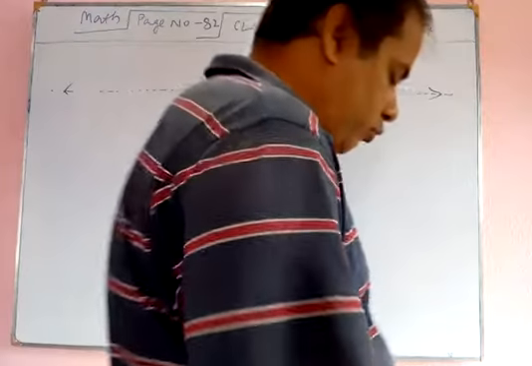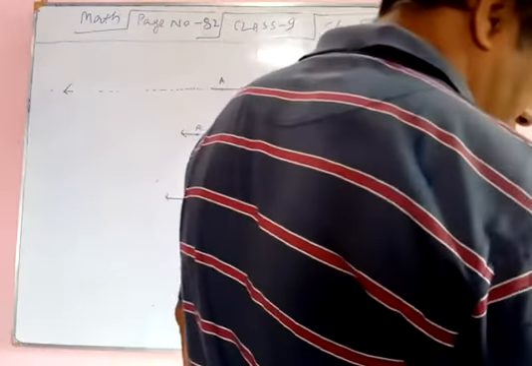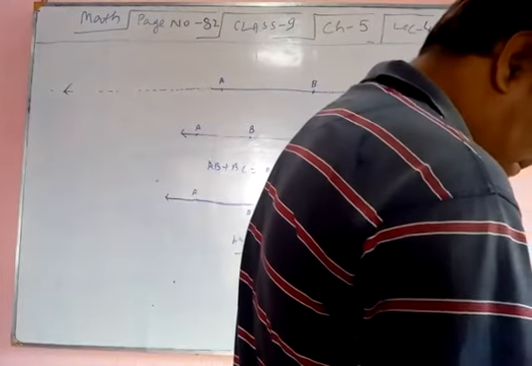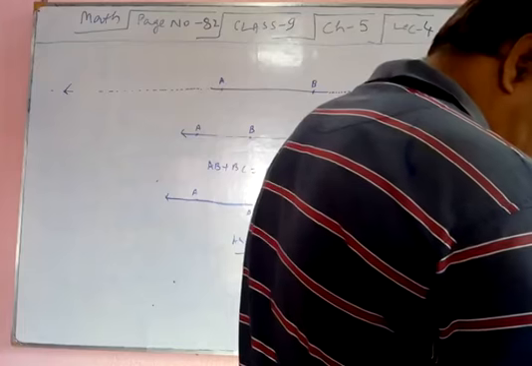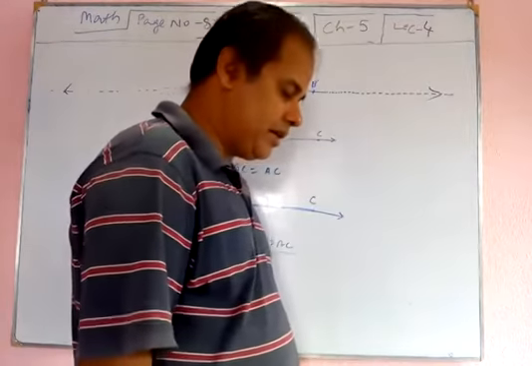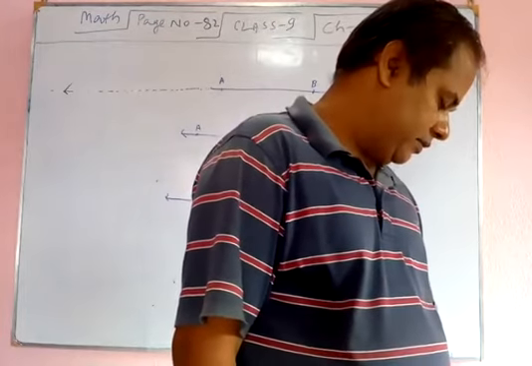Example number 2: prove that an equilateral triangle can be constructed on any given line segment.